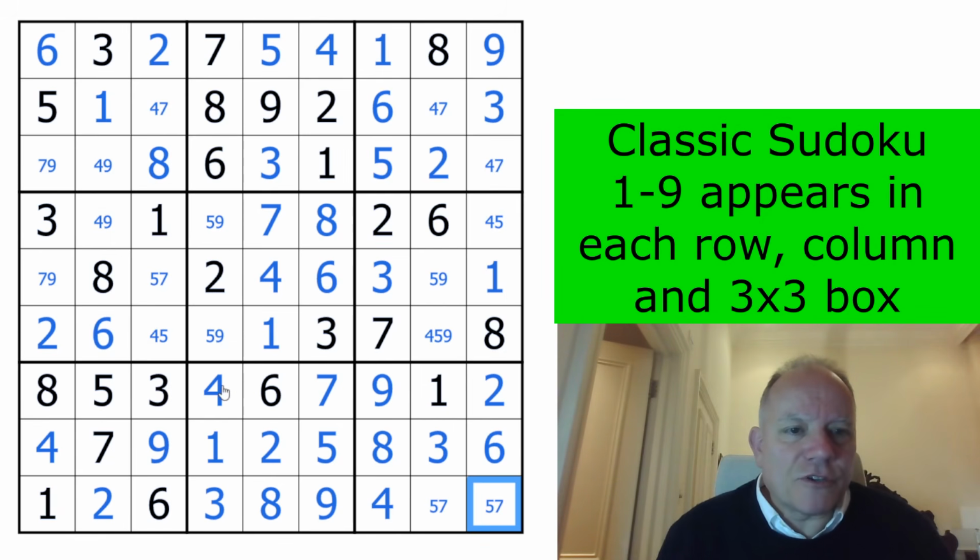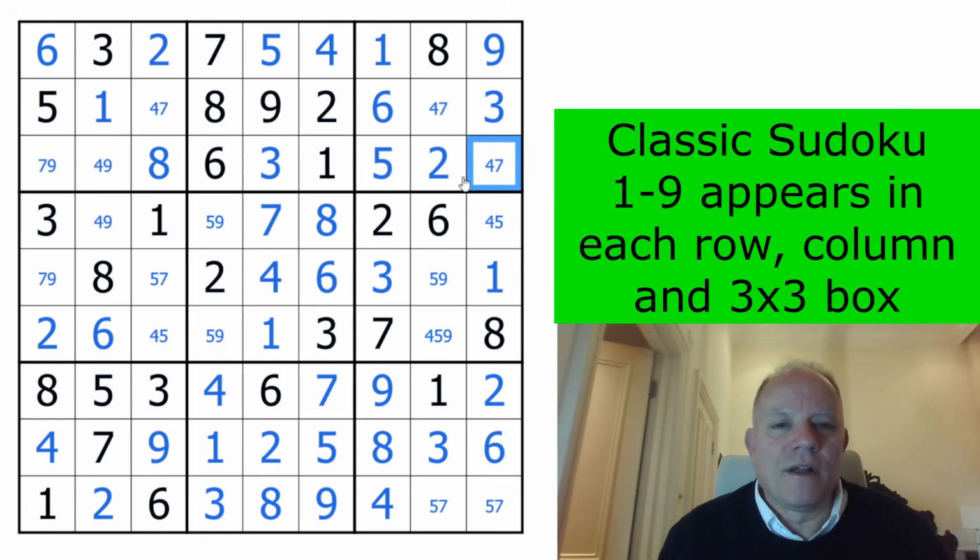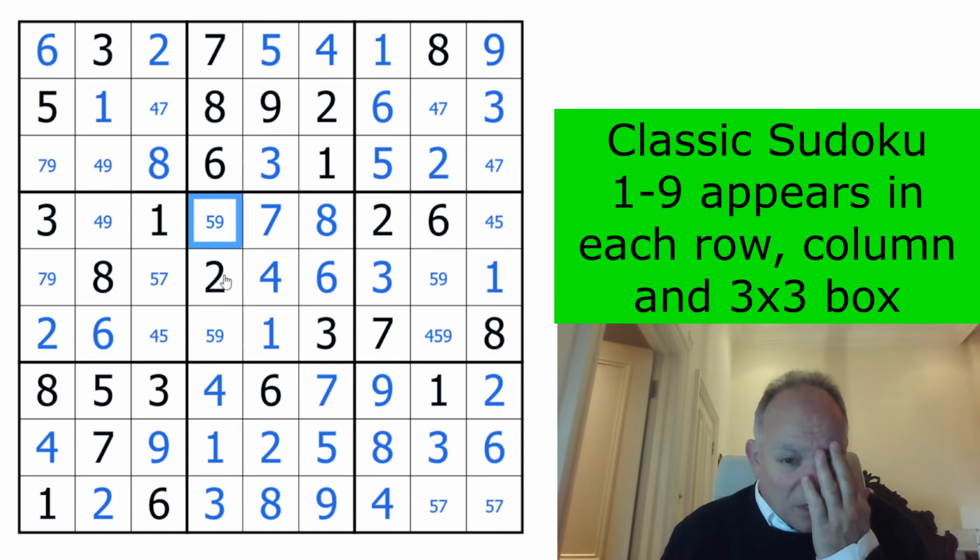So I am still trying to find what we may have created that may allow the rest of the puzzle to be solved. If that was a 4, this would be a 7, which would make this a 9. But if it's a 7, then this has to be a 4. No, that seems to work just as well.